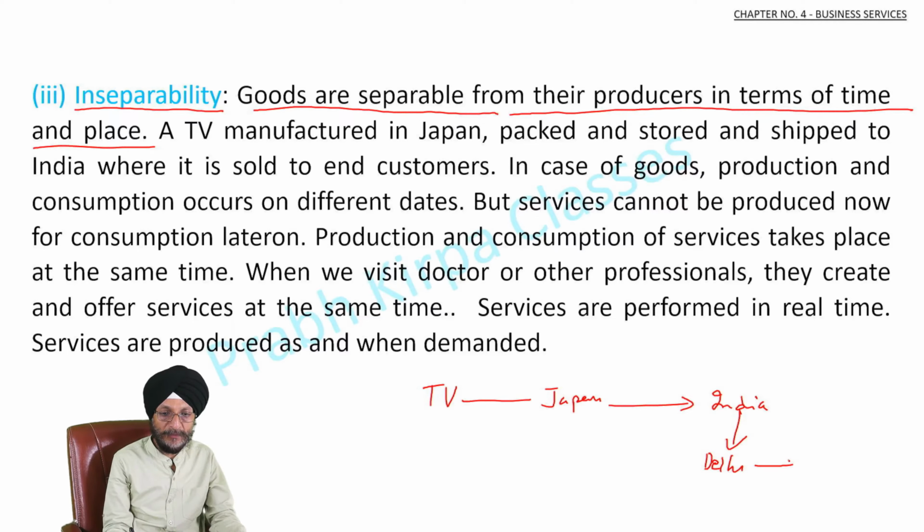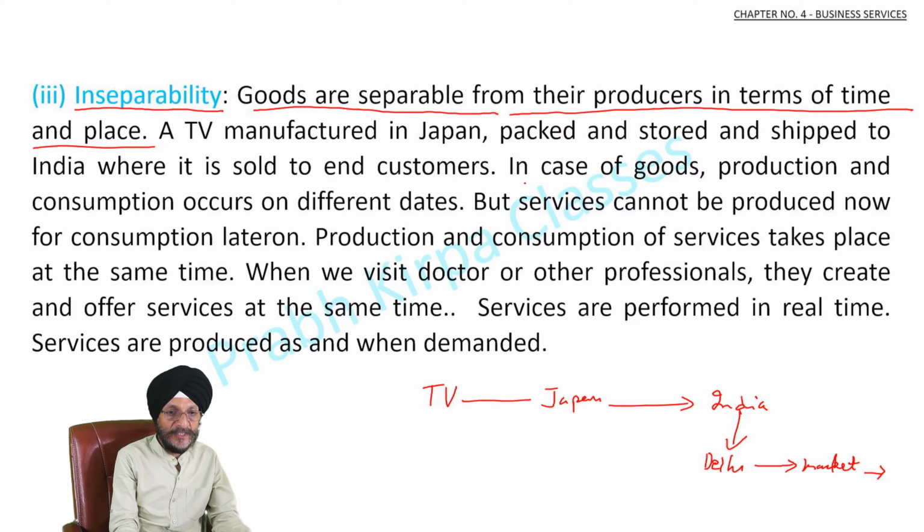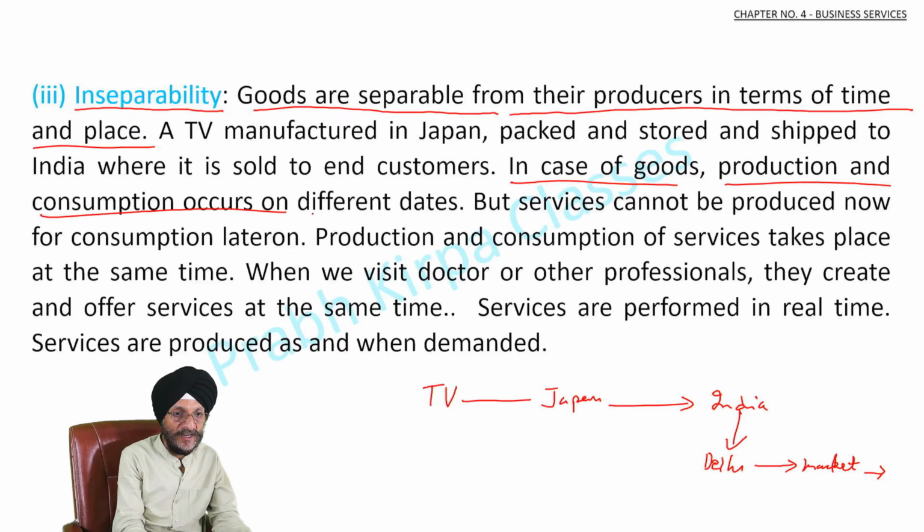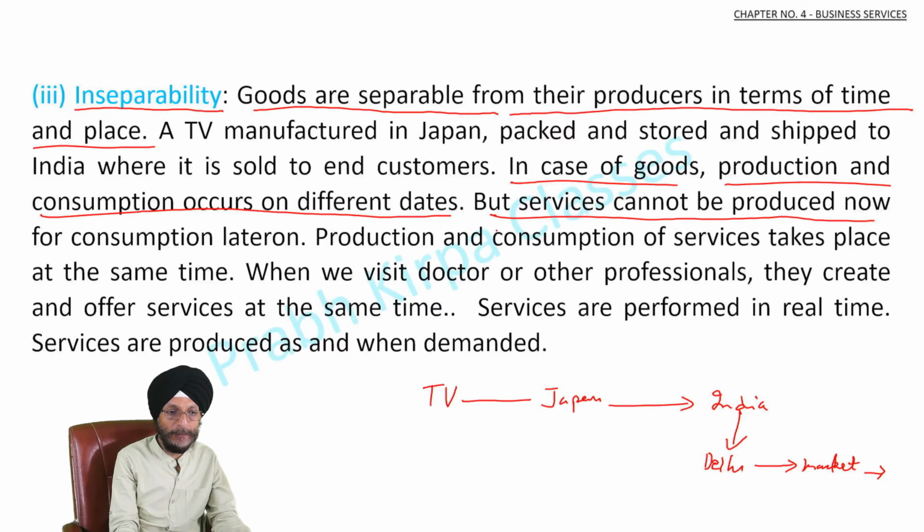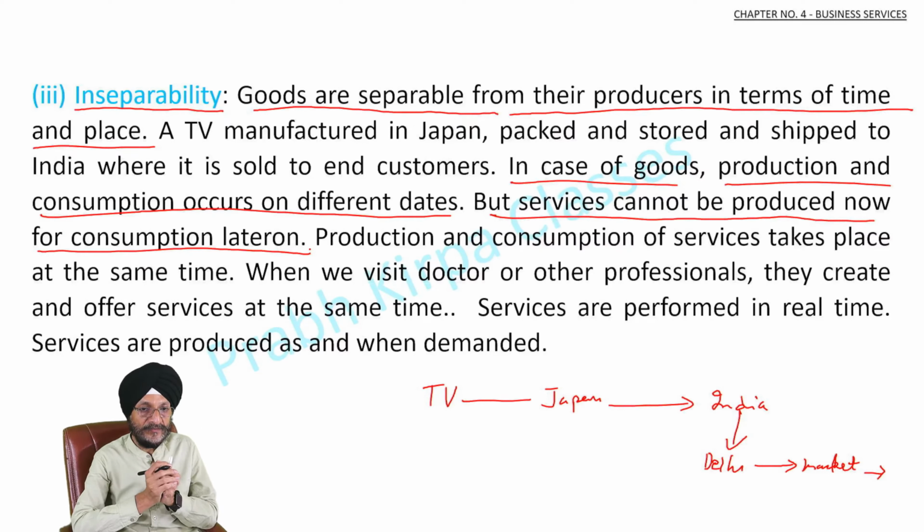Then it is sent to some other market where the customer buys it. In the case of goods, production and consumption occur on different dates, but services cannot be produced now for consumption later on.